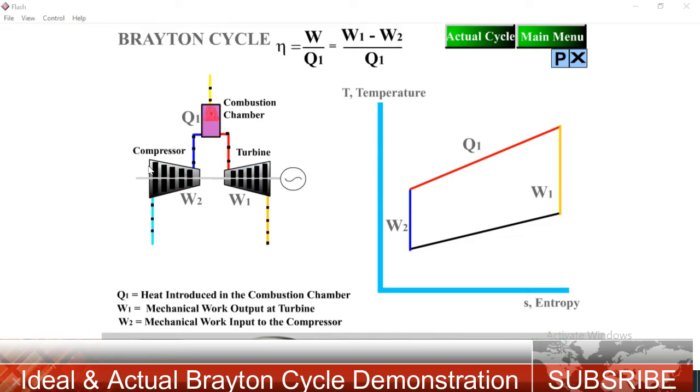The air then enters a combustion chamber where it is mixed with the fuel and combustion occurs, resulting in combustion products at an elevated temperature. The combustion products do work by expanding through the turbine and are subsequently discharged to the surroundings.